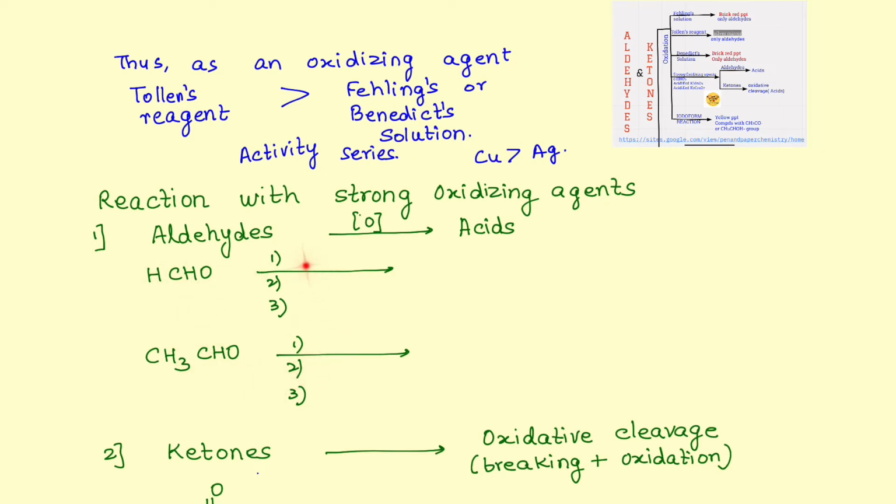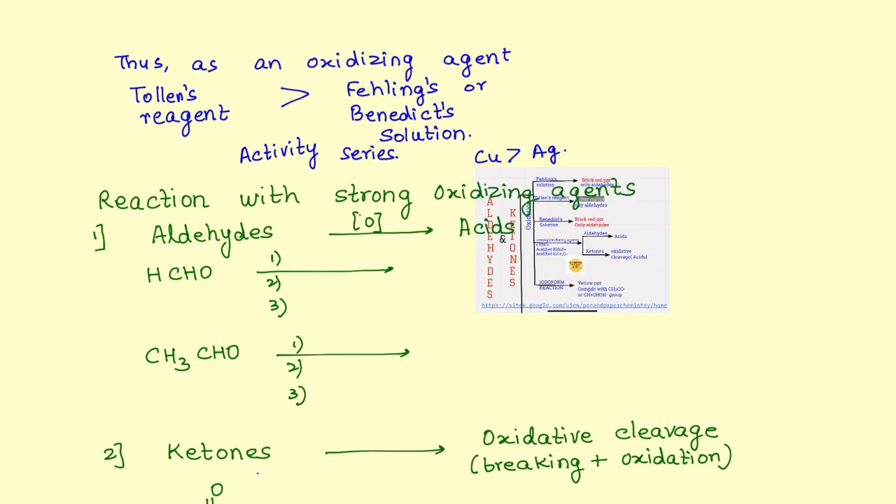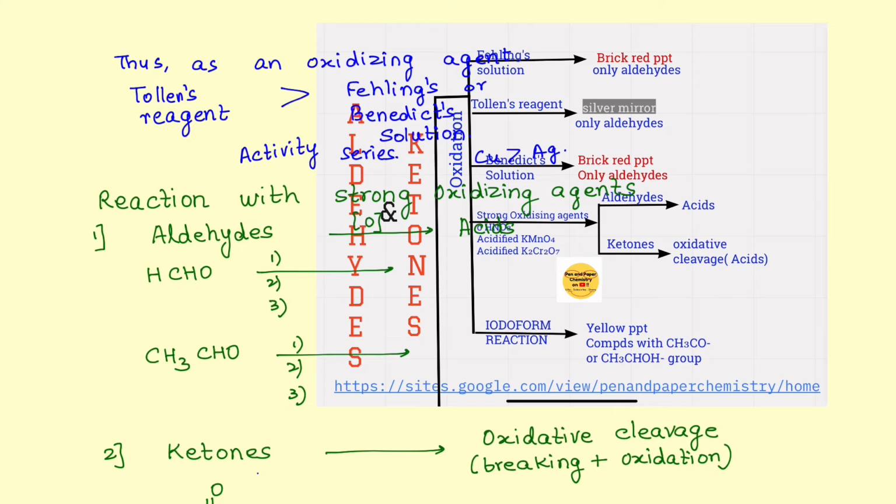I've written 1, 2, 3. So write down all the three oxidizing agents and write the product acid. What acid will be formed? You can check your answers. I will be posting the same notes, the teacher's notes, on the site Pen and Paper Chemistry. It's a Google site. You can see I'm posting the link in all the flowcharts as well.